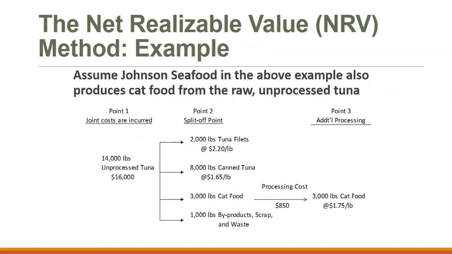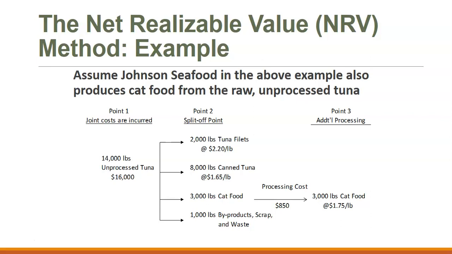So in this example, we go back to our joint costs incurred for processing the tuna. We have split off point. We can do tuna fillets and canned tuna. We use those 4,000 pounds of scrap, as we saw in the physical method, which if further processed can become cat food. 3,000 pounds of that scrap can become cat food if further processed.